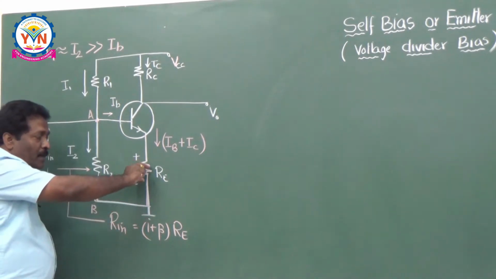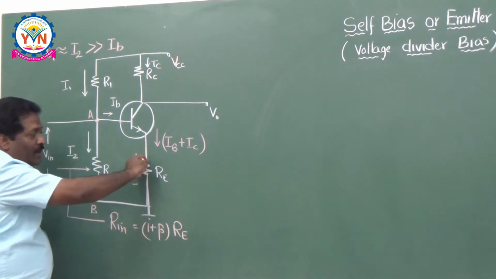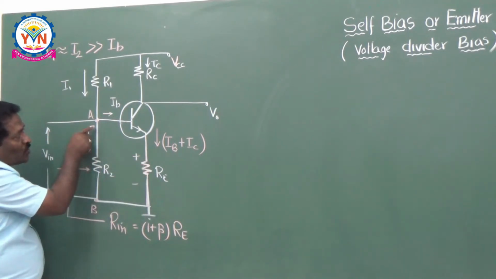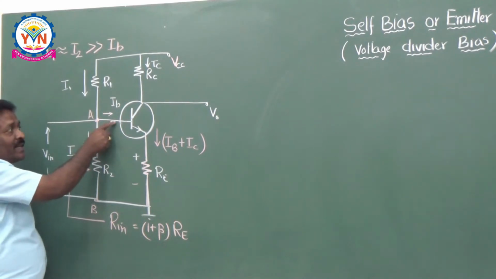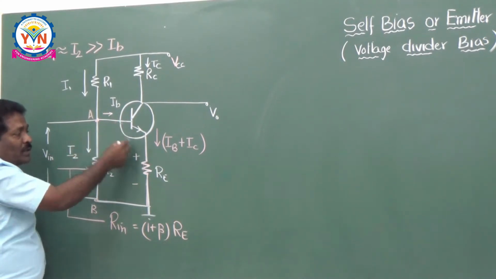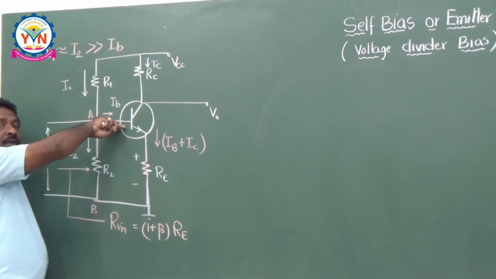This voltage drop actually reverse biases this network. So it acts as a source to this input, so that the input biasing will be reduced. The emitter junction forward biasing will be reduced because of this voltage drop. That means the input current will be reduced.